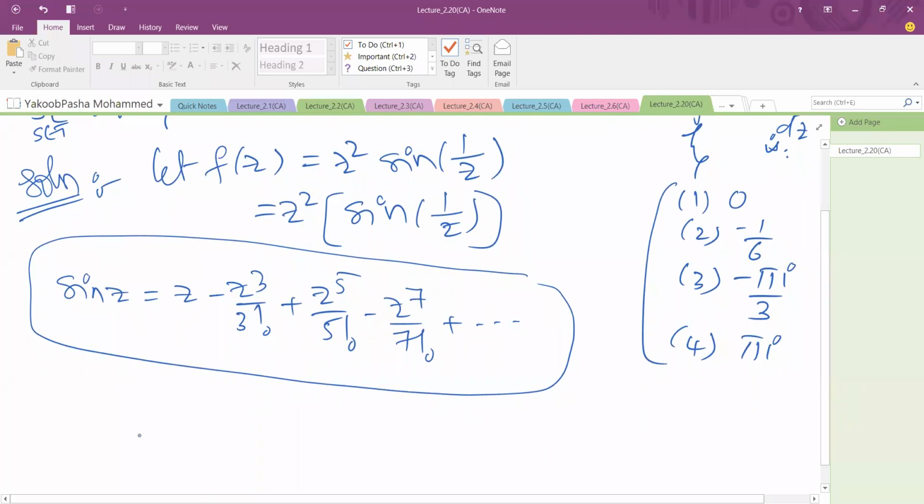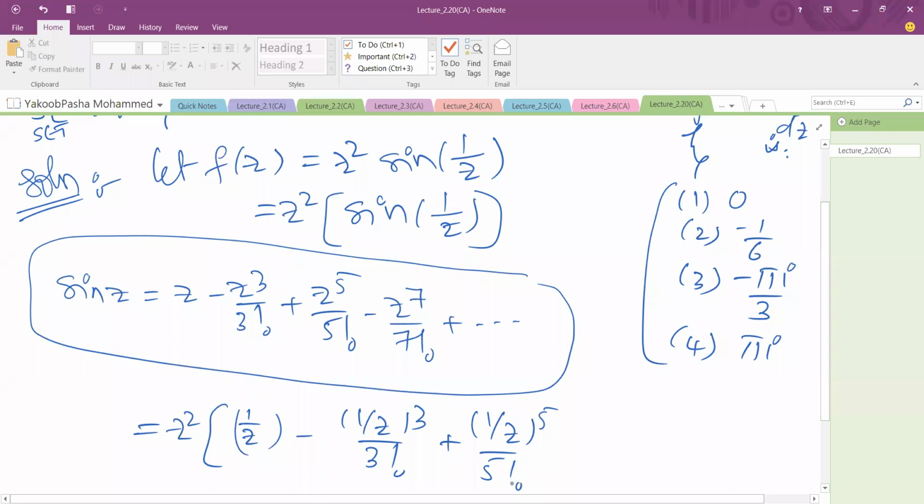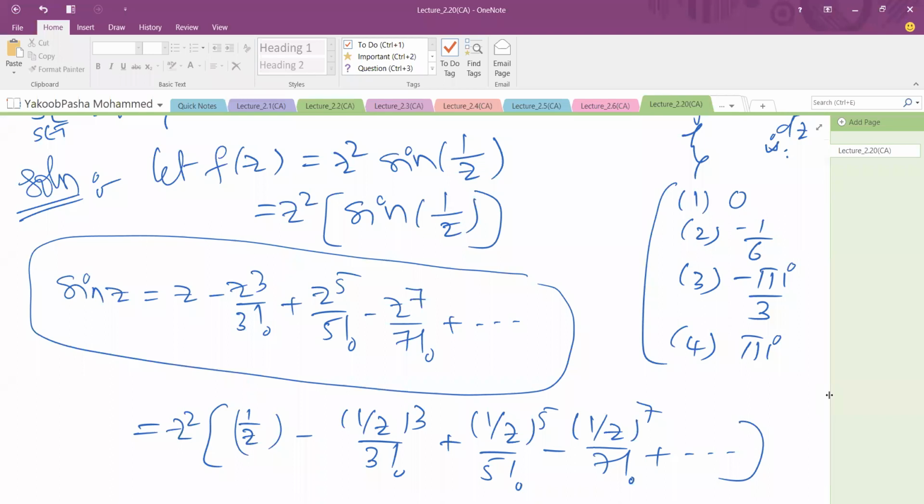So we get z squared into 1 by z minus 1 by z whole cube by 3 factorial plus 1 by z whole to the power of 5 by 5 factorial, minus, alternately plus or minus, 1 by z whole to the power of 7 by 7 factorial plus and so on.